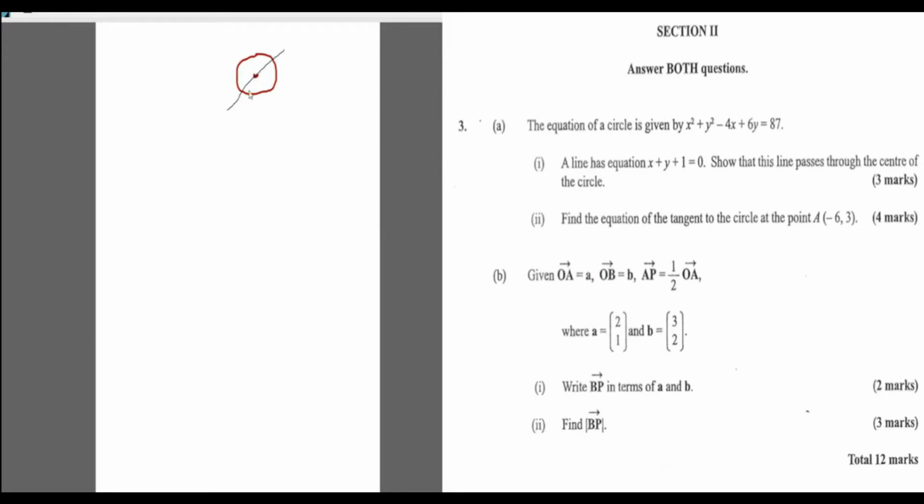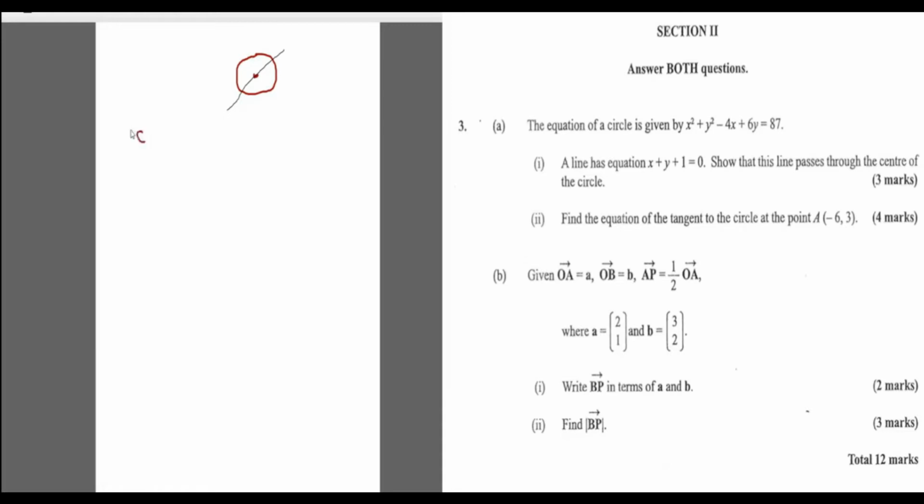So the point right here will satisfy the equation of the line. That's one way of showing that the line passes through the center of the circle. We just need to show that the center, whatever the center is, will satisfy the equation of the line. So let's do that.